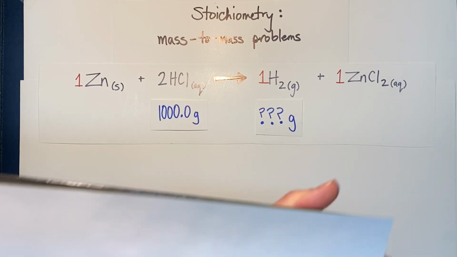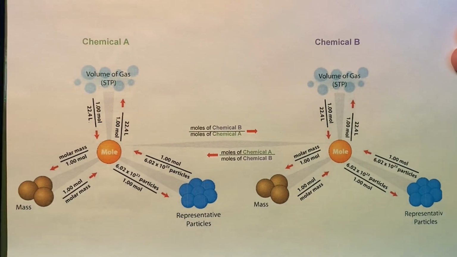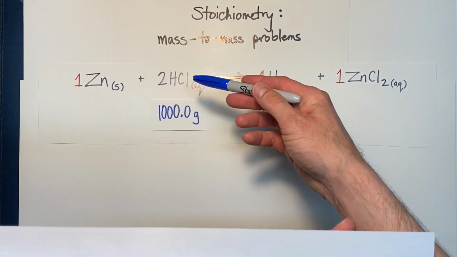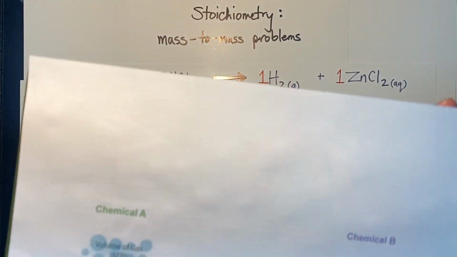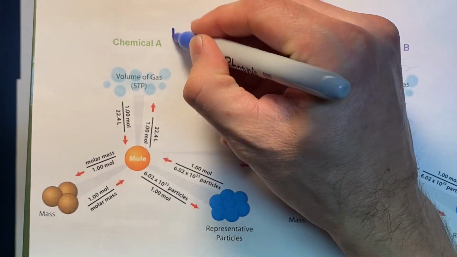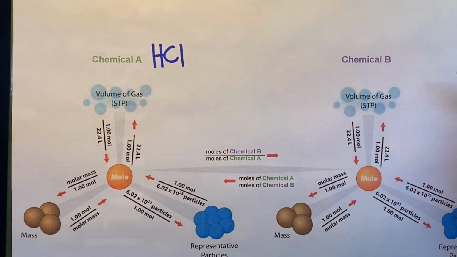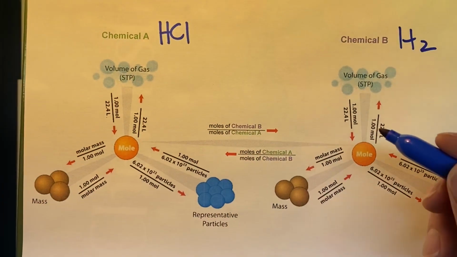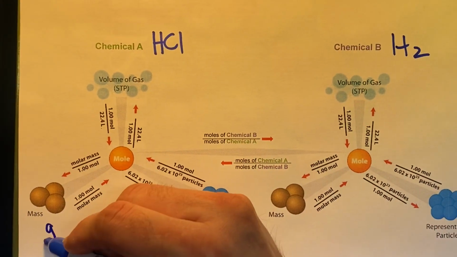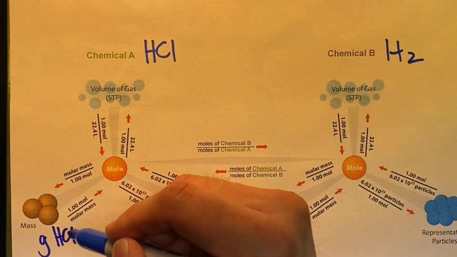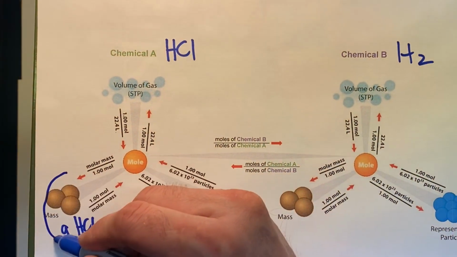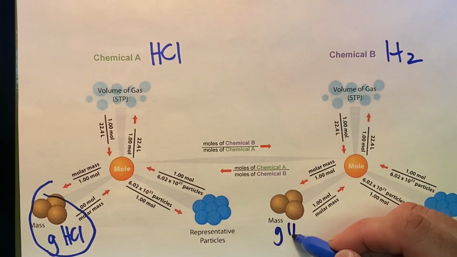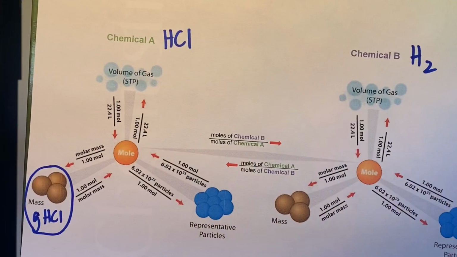Now, looking at the molar conversion triangles of science, chemical A in this example is hydrochloric acid. Chemical B is hydrogen gas. So we're going to start at grams of hydrochloric acid, and we want to end up at grams of hydrogen gas over here.